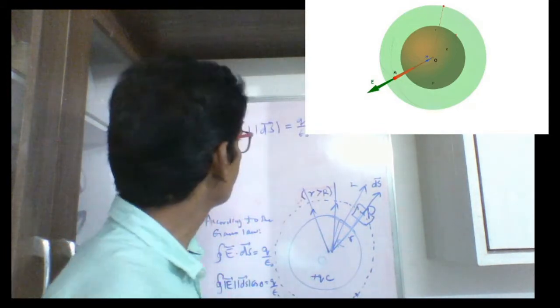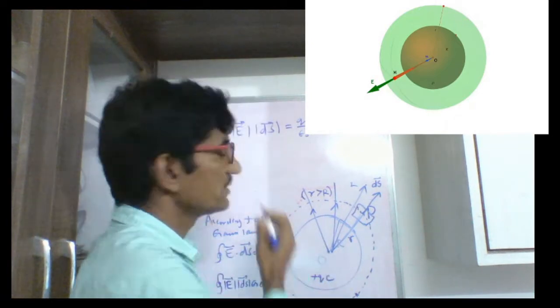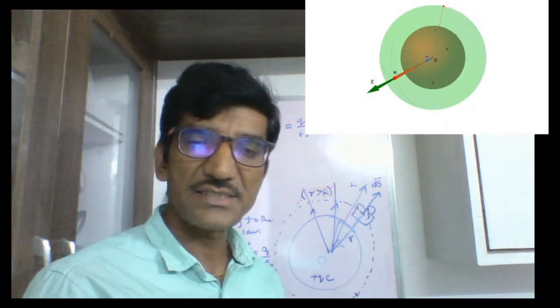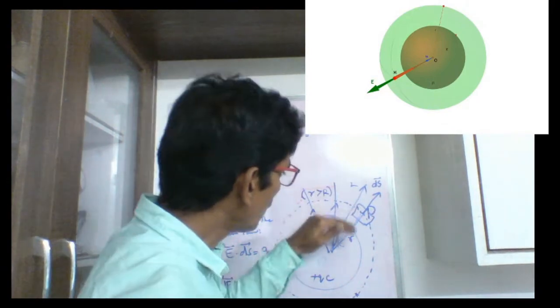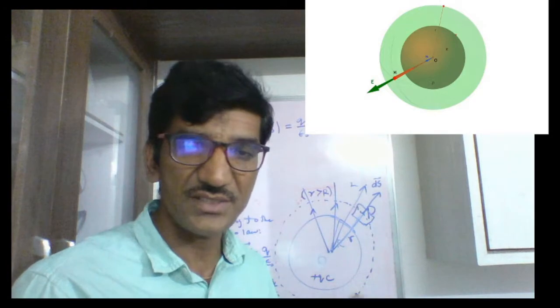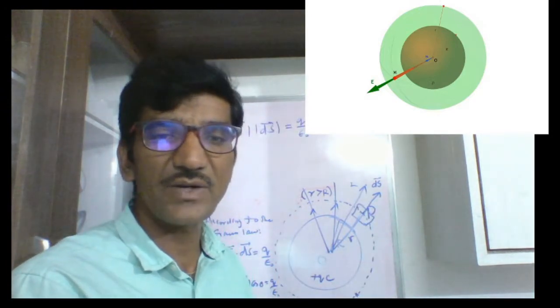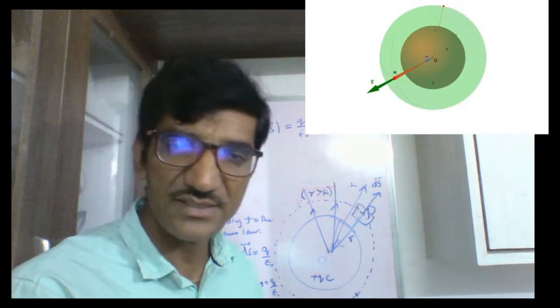Now, I already told you that the value of E is the same for all points on this Gaussian surface. Why? Because all those points are located at an equal distance, the radius of the sphere.